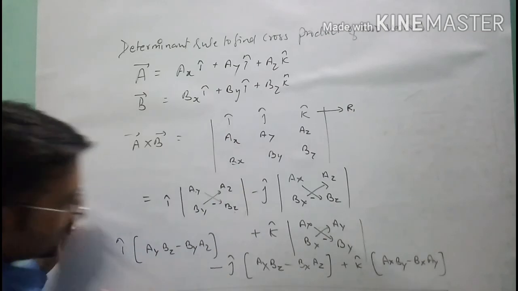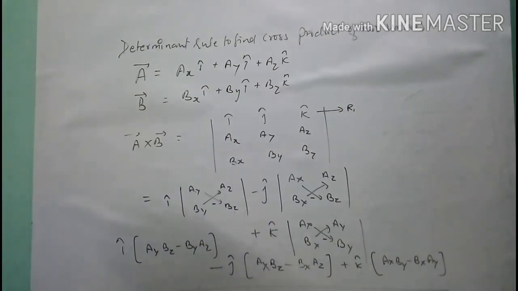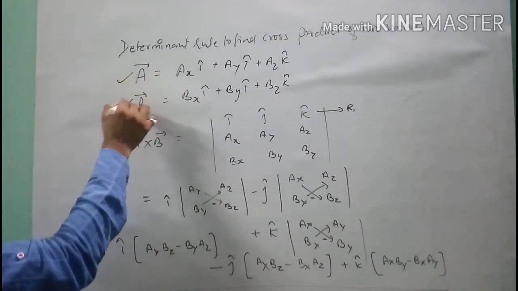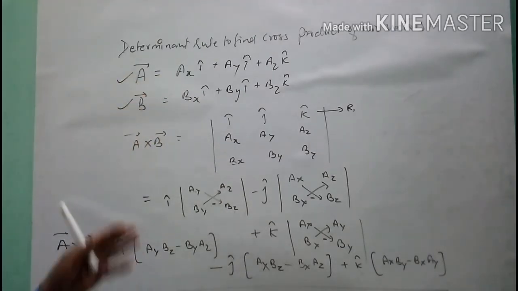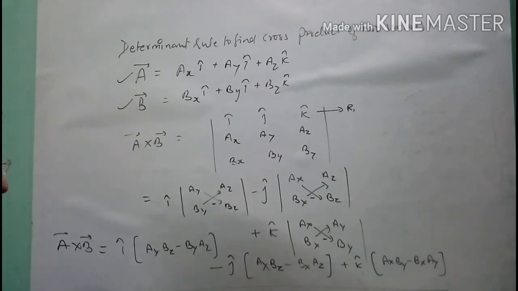This is the way to find the cross product of two vectors, given in this form by using the determinant property. So point is clear, student? So pause the video and note down. After that we will solve the numerical part.